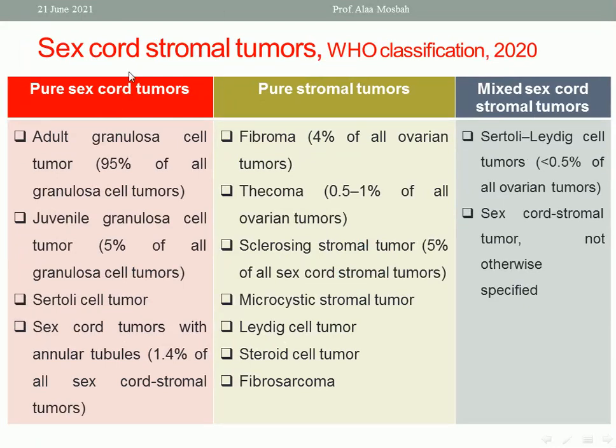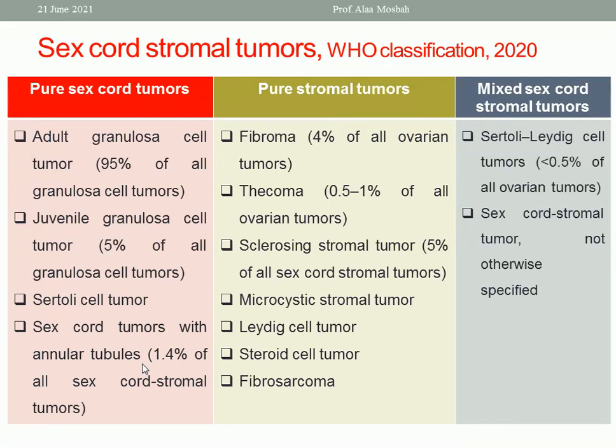Look to the third big type of ovarian neoplasm, which is sex-cord stromal tumor. We have recently this classification, which includes 3 main categories: pure sex-cord tumor, pure stromal tumor, and mixed sex-cord stromal tumor. In pure sex-cord tumors, we have the granulosa cell tumor, which is the commonest, and we have 2 types really: the adult type and the juvenile type.